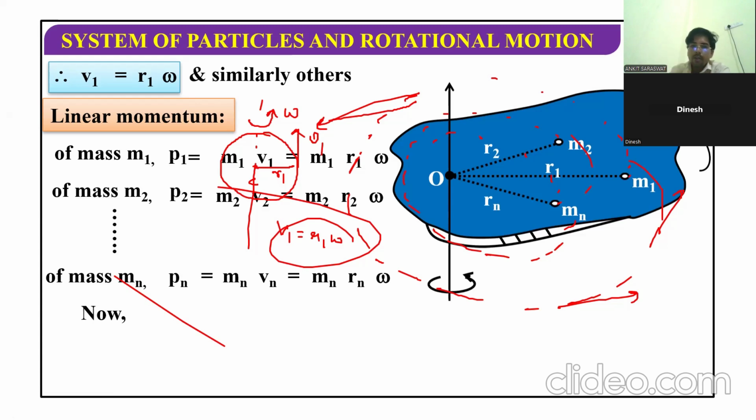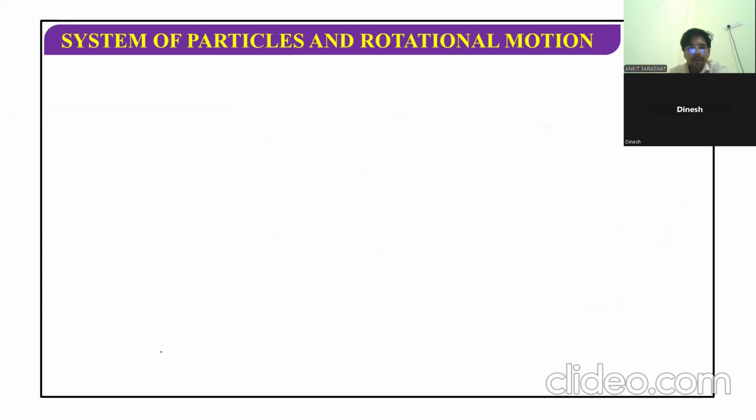For one particle it is m1 r1 omega, second particle m2 r2 omega. Clear? Like this. Now L will be what? You can check P1 into R1.